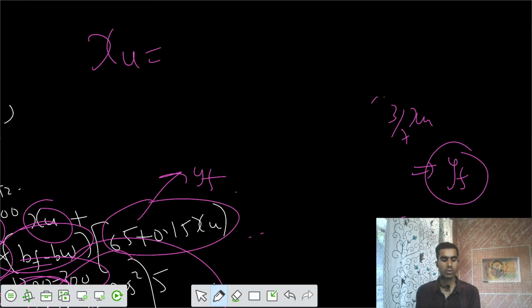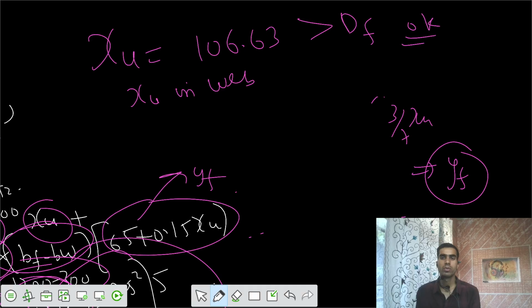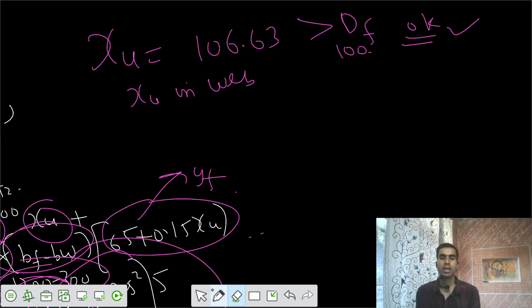So xu comes out to be equal to 106.63, and our assumption was that the neutral axis is in the web, and you got a value that is greater than Df. So it's true. Now we need to see whether 3/7 of xu is greater than, equal to, or less than Df. Let's solve for 3/7 of xu: 3/7 of 106.63 is 45.69.